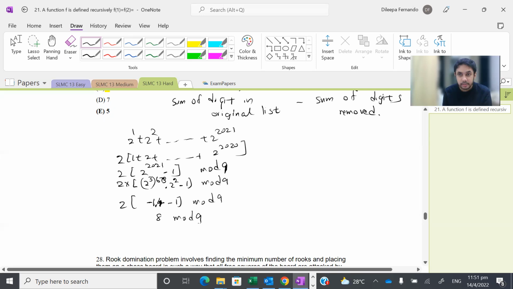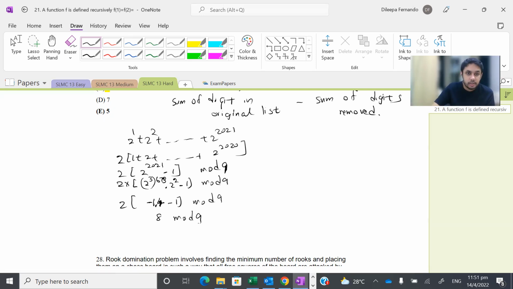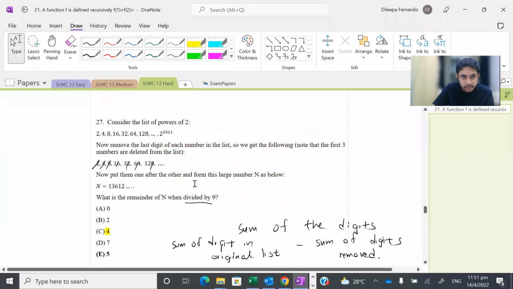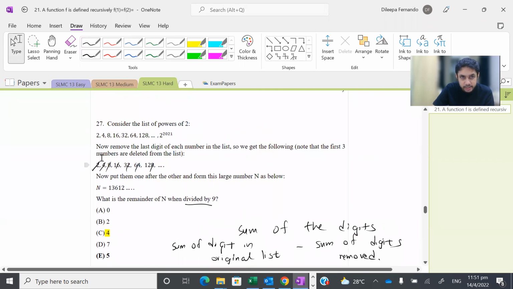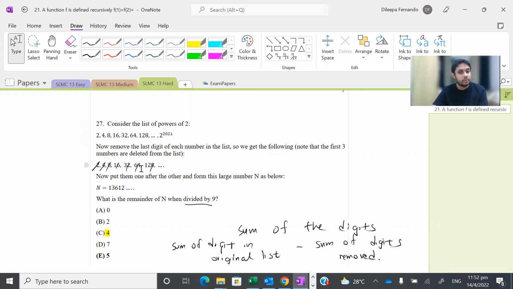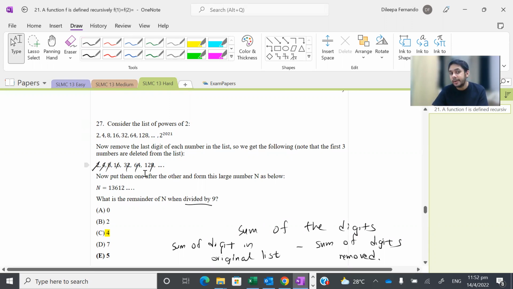One part is done. Now let's see how the sum of the digits removed is calculated. If you observe carefully, and recall similar previous problems, you can find a pattern. 2, 4, 8, 6 are the last digits. Again, you can see 2, 4, 8, 6, and this repeats.